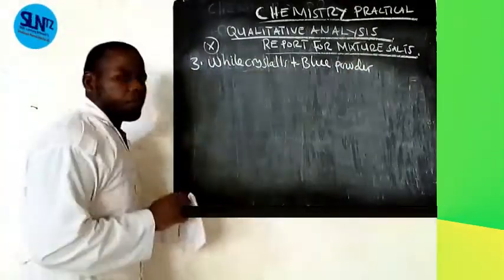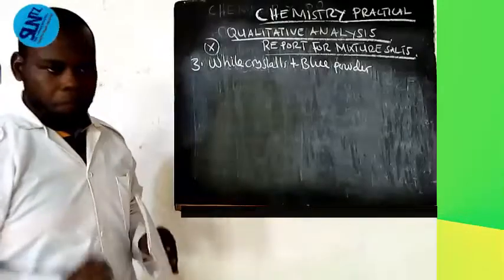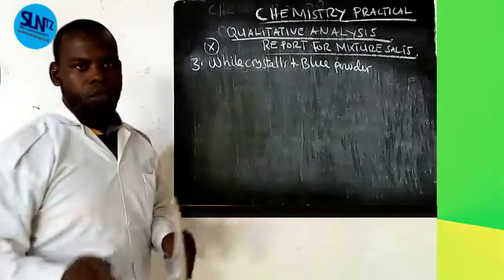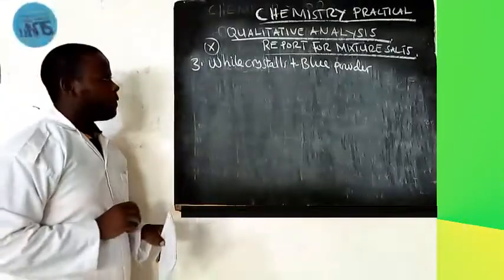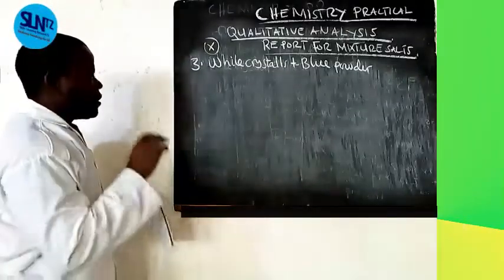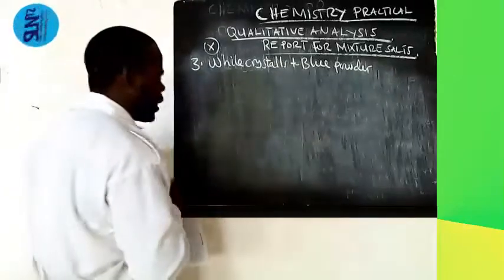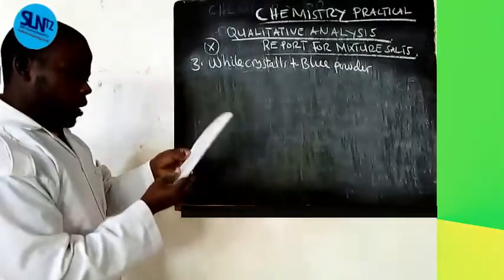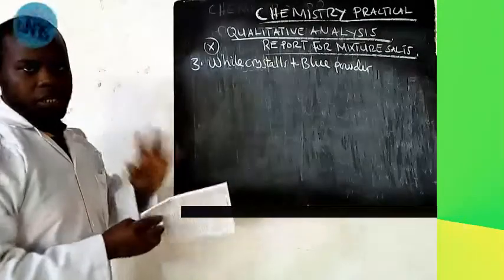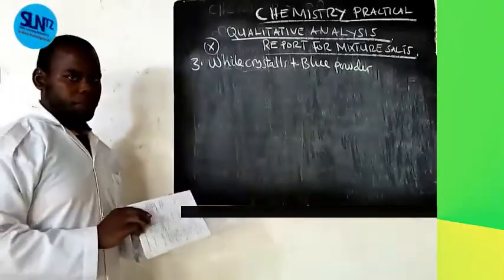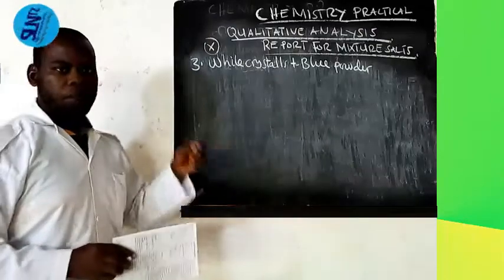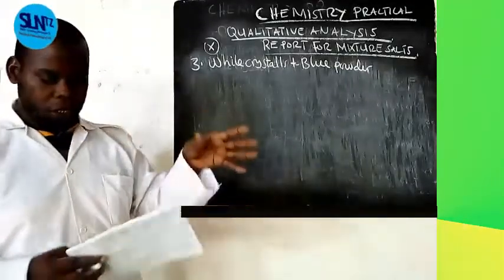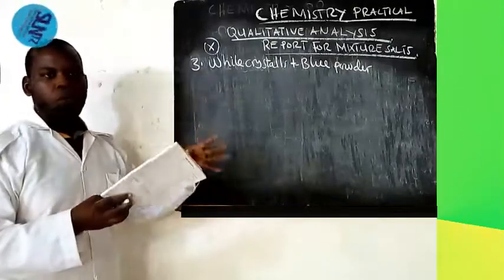That is our sample we have been provided. So how to write a report for this one? The report will be written as the following. Instead of white, there is non-transition metal. It means sodium, ammonium, calcium, potassium, and so on.